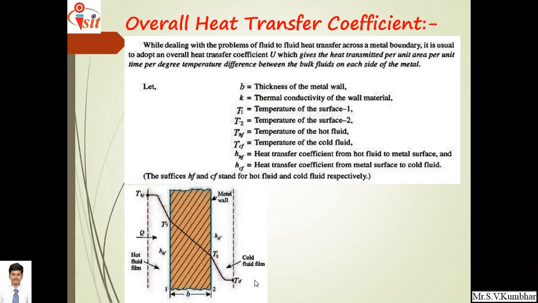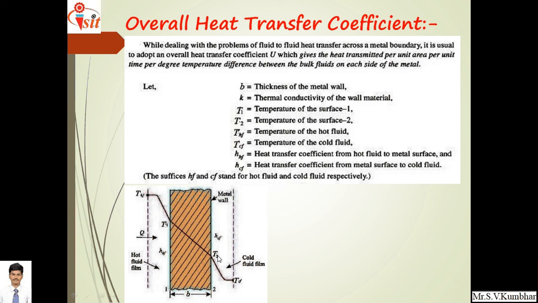Consider one wall which has thickness B, K is equal to the thermal conductivity of the wall material, T1 is the temperature of the left hand side of this wall, T2 is the temperature of the right hand side of the wall.